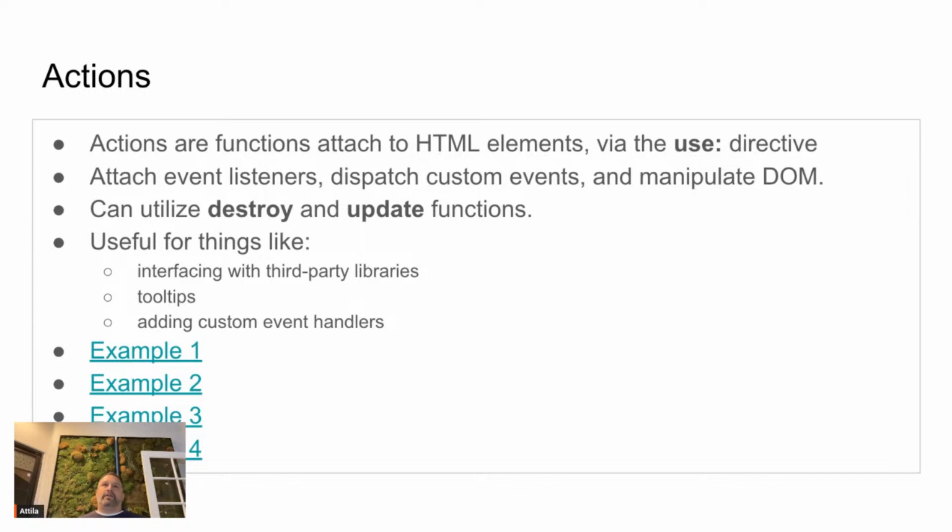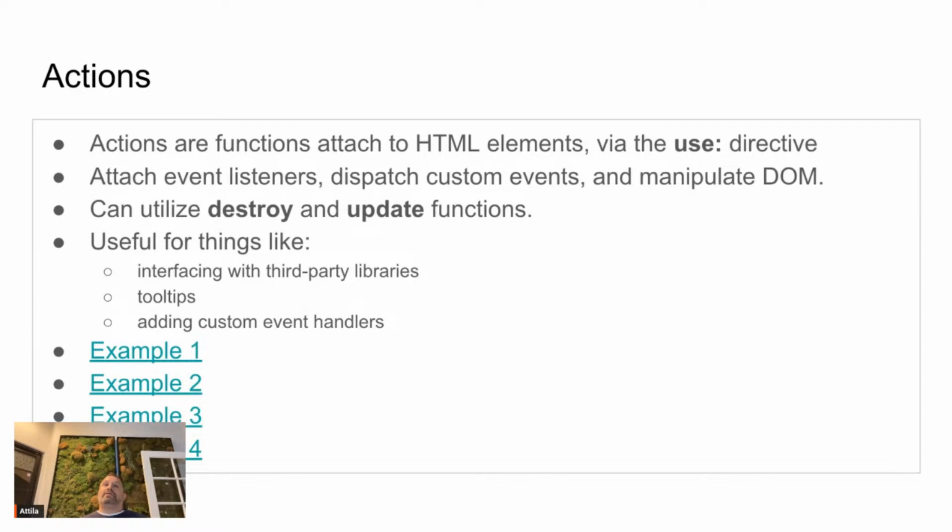Basically that function will have a reference to the DOM element. It'll make more sense when I show the example, but that function has two parameters. The second one is optional. The first one is the actual DOM element that the action is associated with. And the second one is if you want to send any options along.